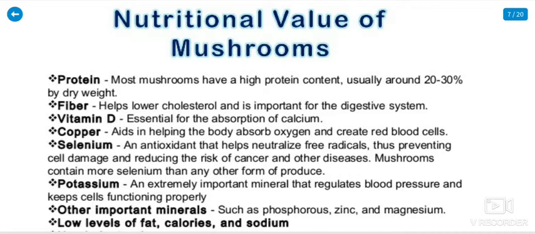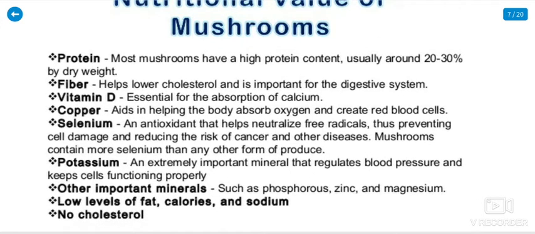Selenium, an antioxidant that helps neutralize free radicals, preventing cell damage and reducing the risk of cancer and other diseases.